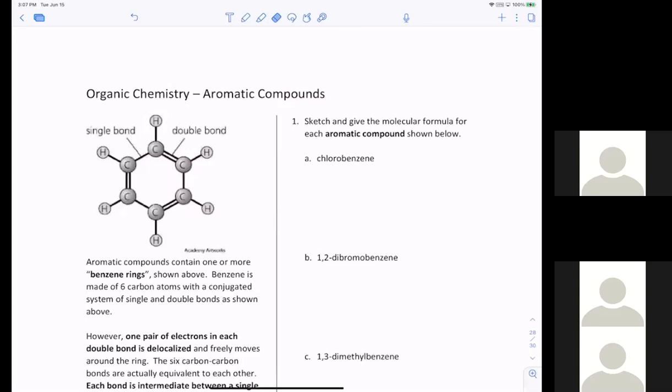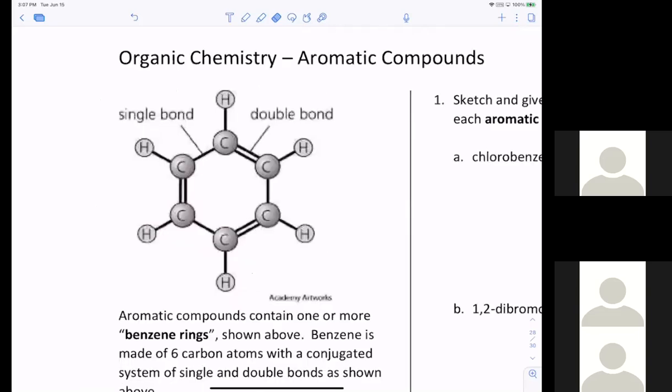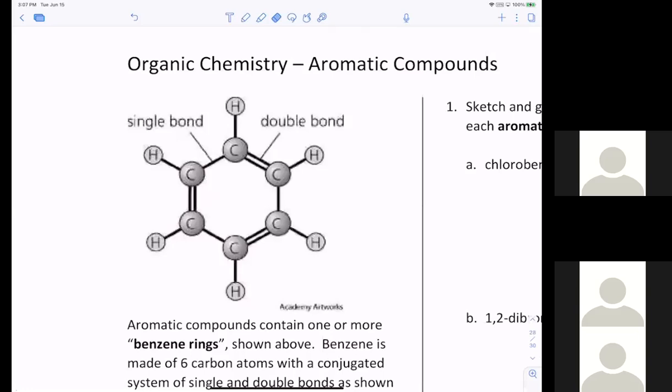Aromatic compounds, our last category. This one's going to be confusing, not so hard to name, but hard to understand exactly what this is. I'm going to make a bit of an oversimplification.